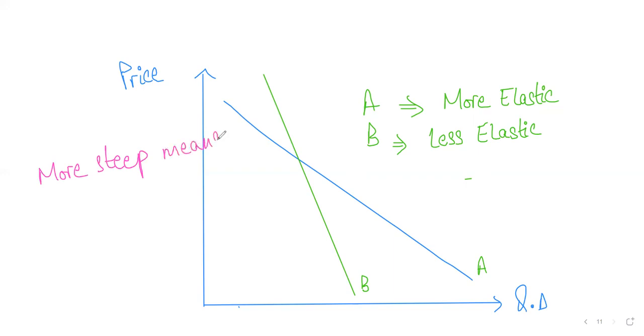So this was steep, this is less elastic; this was not so steep, it's more elastic. Clear?